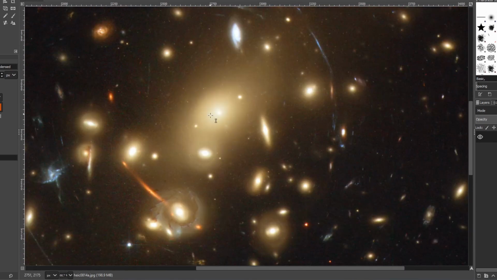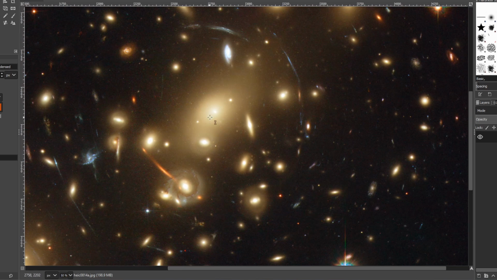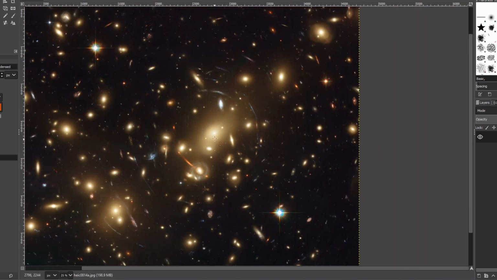I don't actually know what that is. I'd have to do some research to find out what object sits at the center of this image, and some experiments to see how well it sits at that center. But you'd say it might be coincidence.